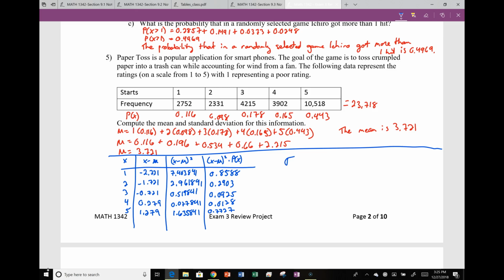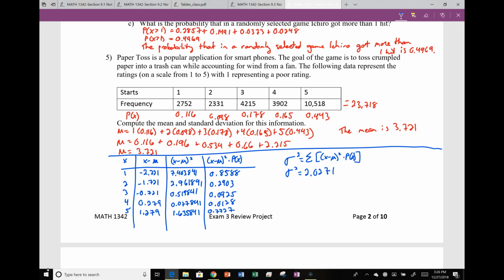To find our variance, we add up all of these values. So it's the sum of the value minus the mean squared times the probability. So I'm going to take this last column and add it up. When I add up this column, I get 2.0271.